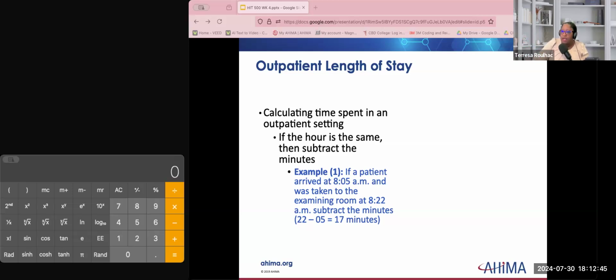We know from 8:22, so you have 22 minutes minus 5. That was only 17 minutes, okay? You guys with me so far? You can type in yes or no if you're with me so far. I don't want to go on any further if you guys aren't with me.